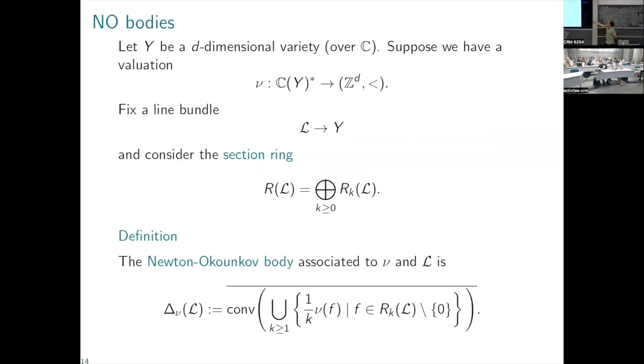If I have a valuation, not to the integers, but to Z to the d with some total order, satisfying all the definitions of valuation, and I fix a line bundle, then I can consider the section ring associated to this line bundle.